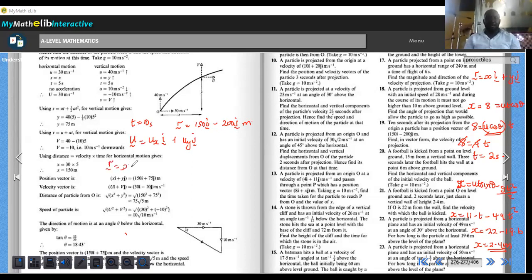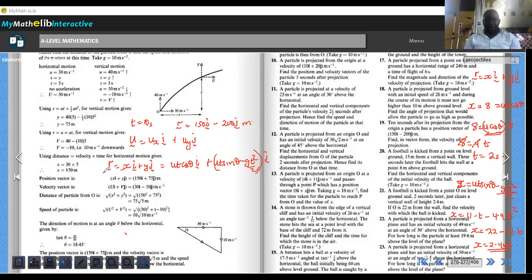It can be got from x i plus y j, which is ut cos theta i plus (ut sin theta minus gt squared over 2) j.